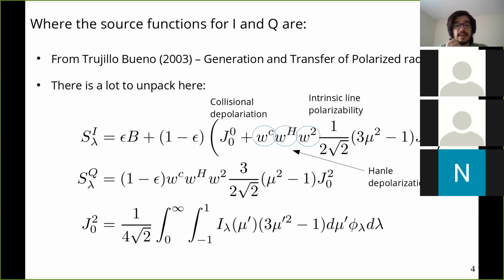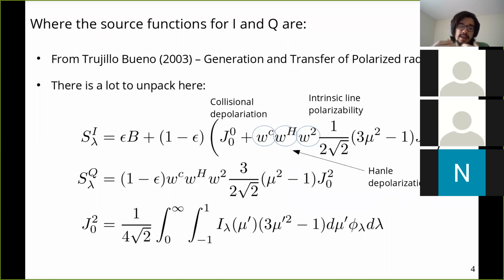And this sort of makes sense because radiation propagating along Z doesn't see any asymmetry, right? Because everything is symmetric with respect to Z, with respect to the atmospheric normal. And this is a very interesting thing. This is something that I didn't stress last time and that we see now obviously from these equations here, right?